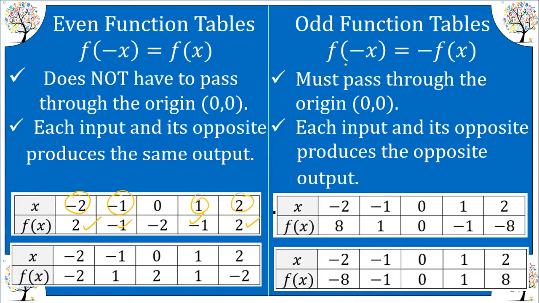The odd function, they must pass through the origin. So that's one quick test you could do to see if it is odd. And each x value and its opposite must produce the opposite outputs, just as you see here. When I have 1 and -1, they give me opposite outputs. Just as on the second table, when I have 1 and -1, I have opposite outputs.